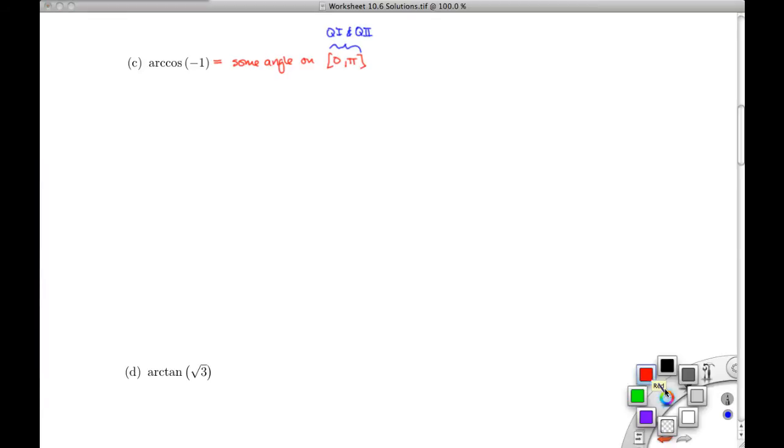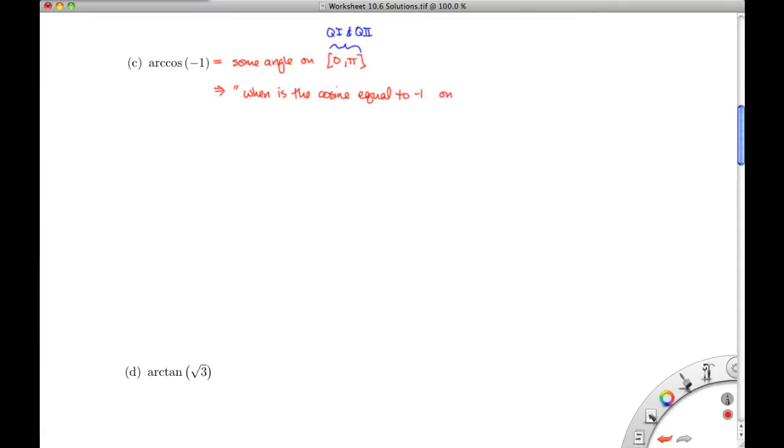Okay, and if we ask ourselves the same question we had before, just think of it in terms of cosine, the arc cosine of -1 prompts us to ask, well, when is the cosine equal to -1?